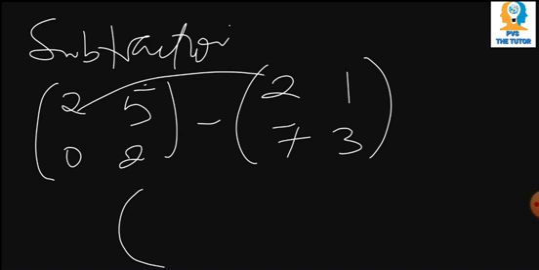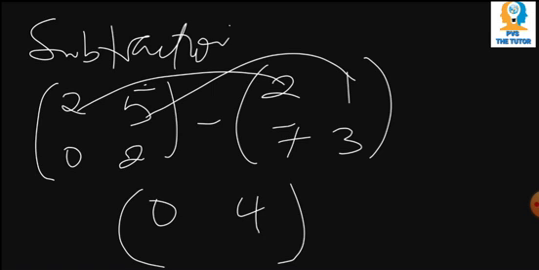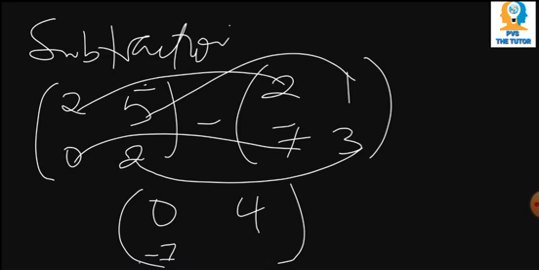So it will be 2 minus 2, that is 0, 5 minus 1, that will give you 4, 0 minus 7, that will be negative 7, of course. Then 2 minus 3, that will be negative 1. So that's how you can subtract. It's the same order as when adding matrices.